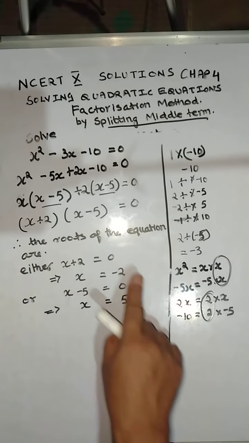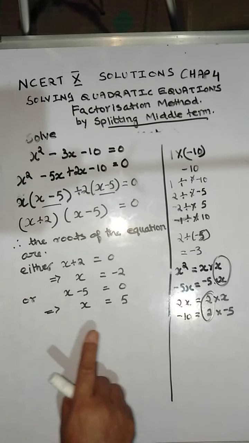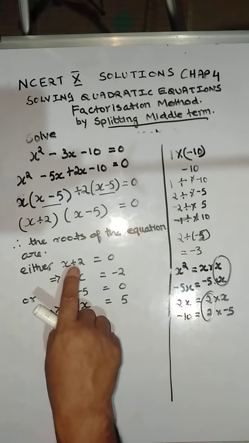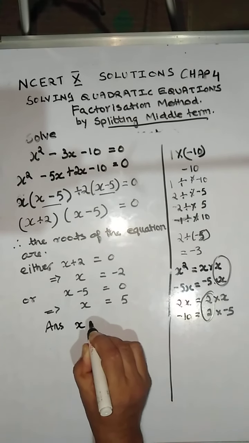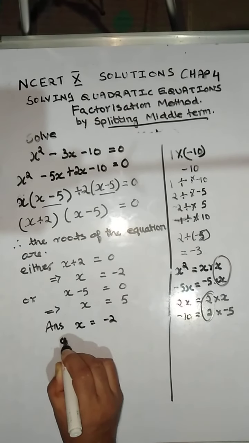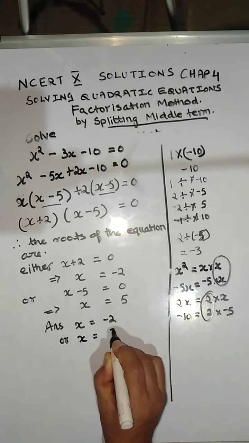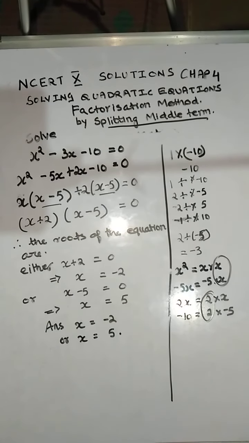Remember that in transposition, the negative becomes positive, the positive becomes negative. So the answer will be x is equal to minus 2 or x is equal to 5. And that you have completed a quadratic equation by factorization method.